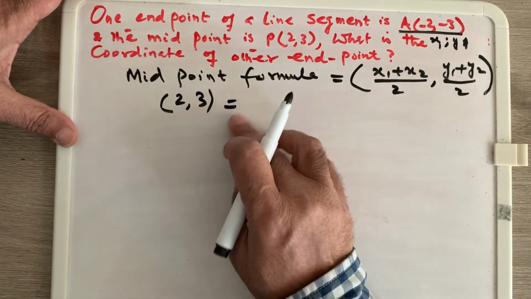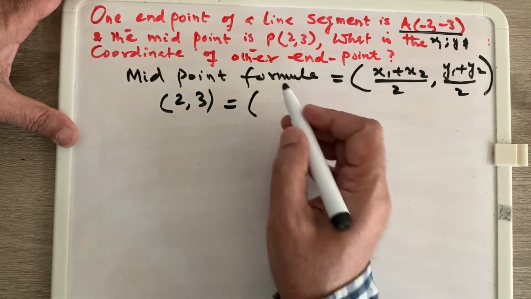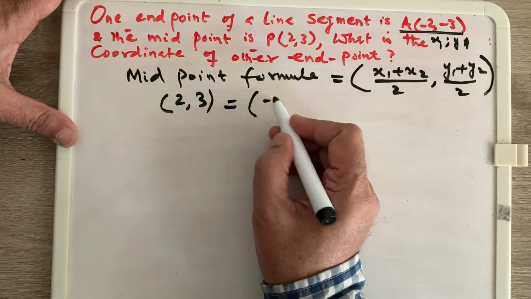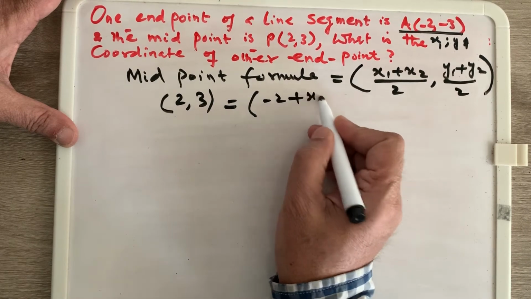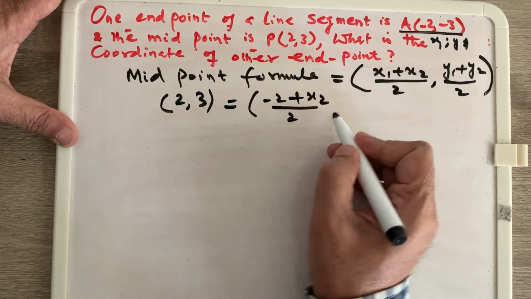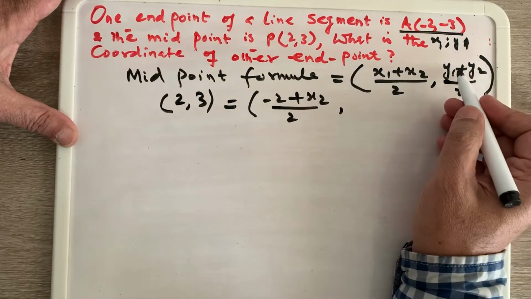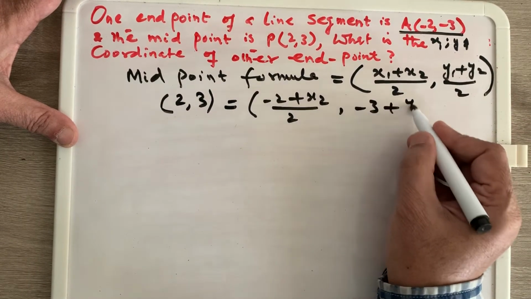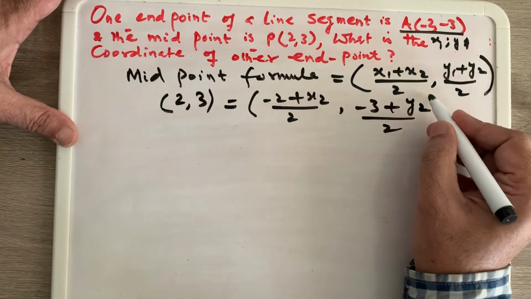So my plug-in values will become: x1 is given as -2 plus x2, which is unknown and which we need to find out, divided by 2, comma, y1 is given as -3 plus y2 divided by 2.